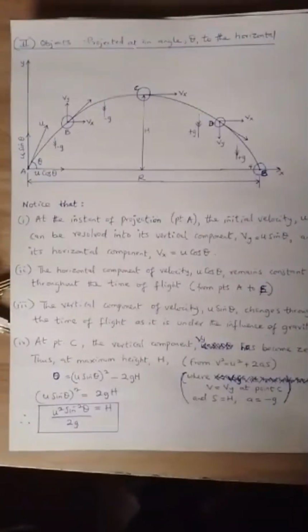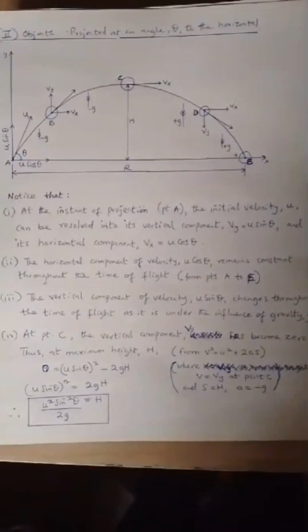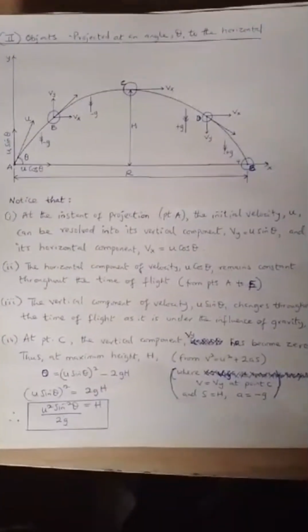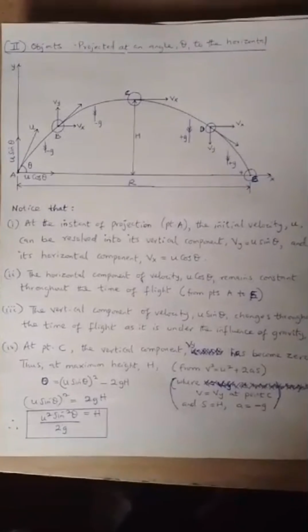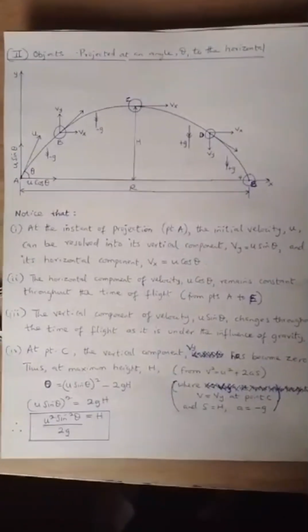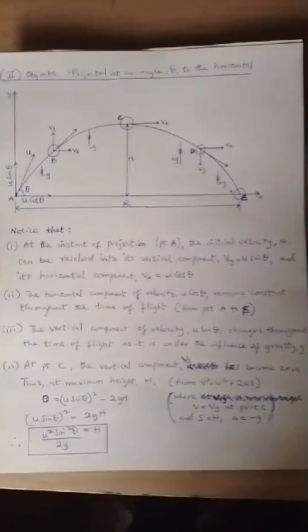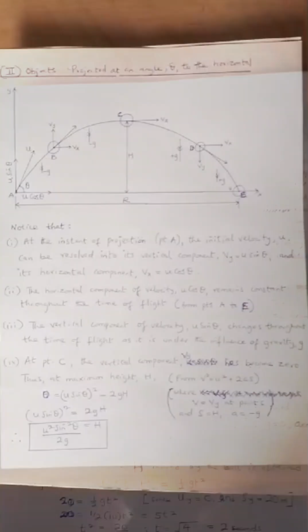Those of us who played basketball, the motion to score follows a path. The basketball follows a path called a parabola. It's a two-dimensional motion in which there's a vertical component and a horizontal component of our initial velocity.